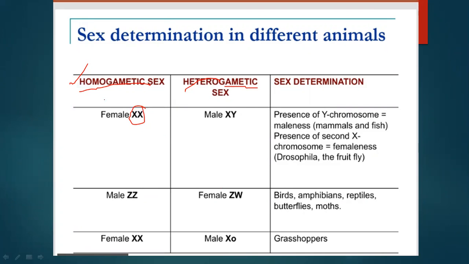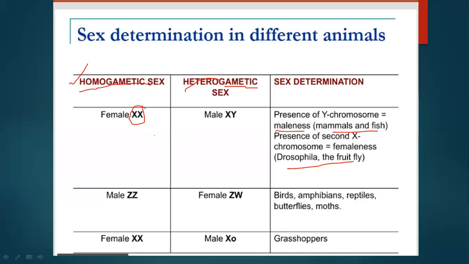In this pattern, the homogametic female has XX and the male is XY. The presence of the Y chromosome indicates maleness in mammals and fishes, while the presence of a second X chromosome indicates maleness in Drosophila, the fruit fly.